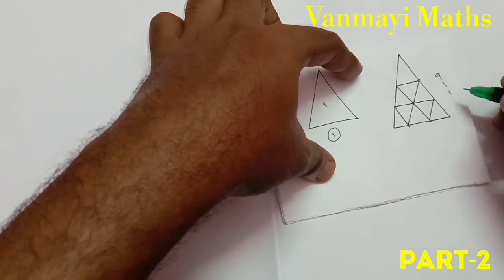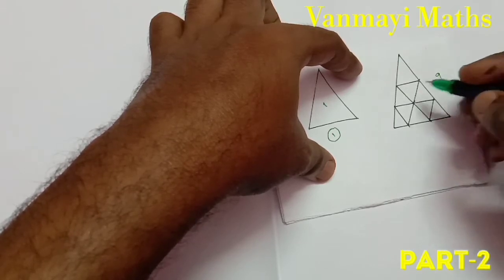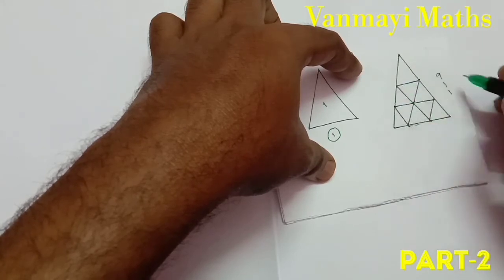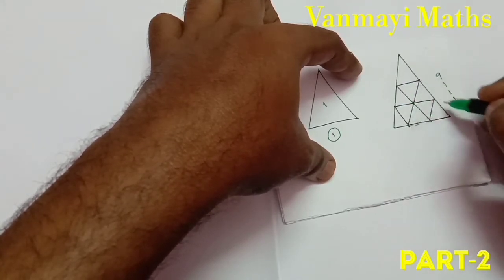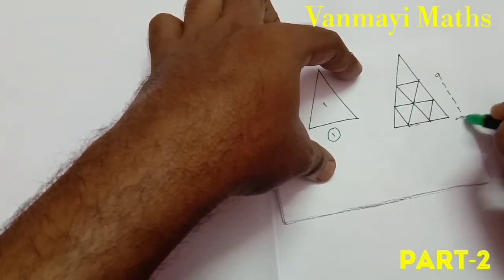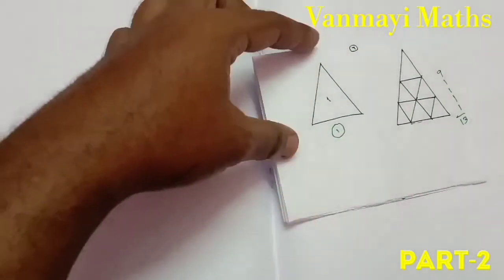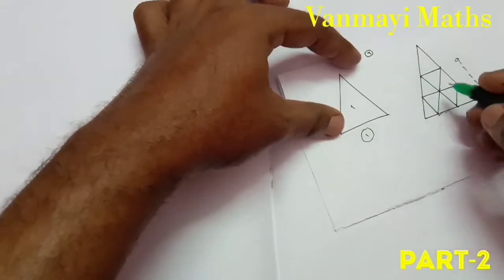So this is 11. Again observe here, with these vertices, 1 triangle. So a total of 13 triangles are possible with the 3 steps.